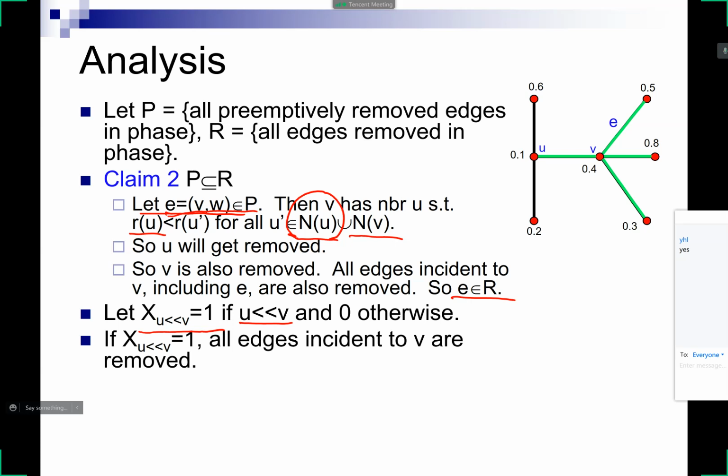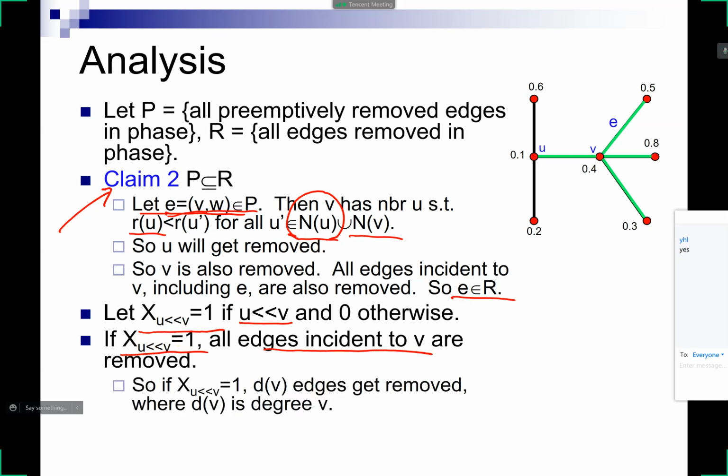Now, whenever you have X_UV equal to 1, then U is going to take out V. Because we said over here that all the preemptively removed edges are actually removed, whenever X_UV equals 1, all of the edges incident to V are removed in that phase. Let D of V be the degree of V, that is, the number of neighbors of V. So if X_UV equals 1, then all of these neighbors are removed, and that means that D of V edges get removed.